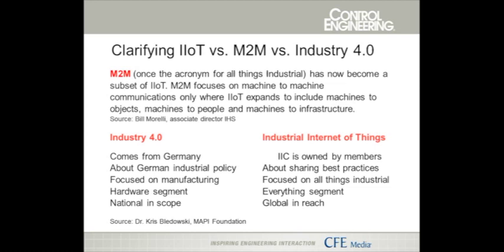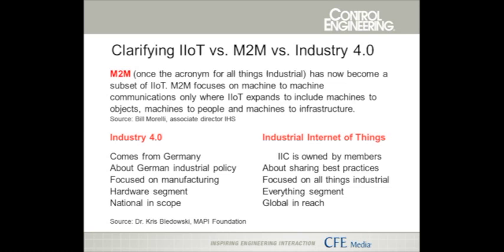Now that we've segregated industrial from smart devices and consumer IoT, there exist 2 additional industrial-related acronyms that require further clarification. They are machine-to-machine communications, or M2M, and Industry 4.0. Starting with M2M, until just recently, it was the industrial acronym.